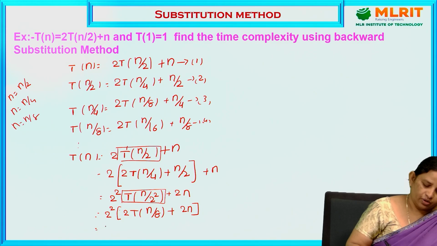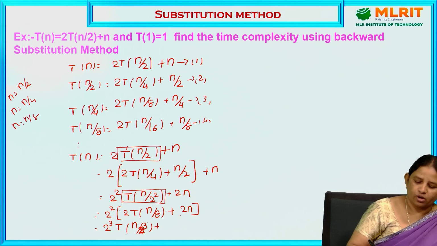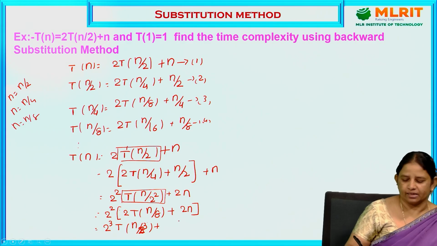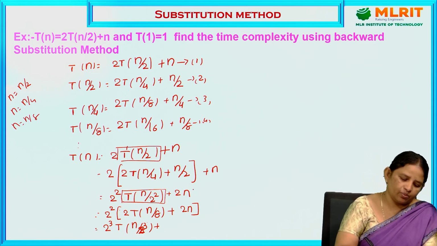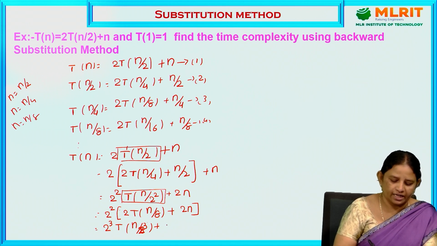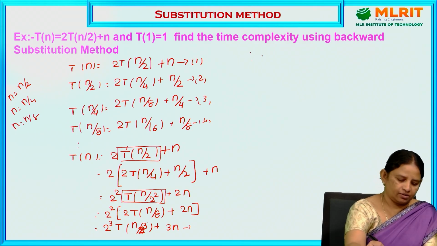That means we are going to get 2 cube t of n by 2 cube plus 4 into n by 4, plus 2n, so the third term is 3n. The second term is 2n, and the third term is 2 square times n by 4, which gives n, so we get 3n. Okay.